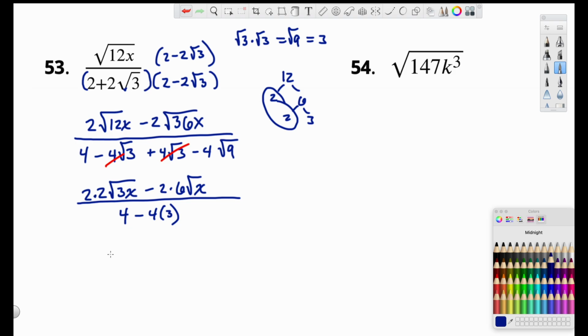Okay, so 4 root 3x minus 12 root x over 4 minus 12, since 4 times 3 is 12. 4 minus 12 is negative 8.